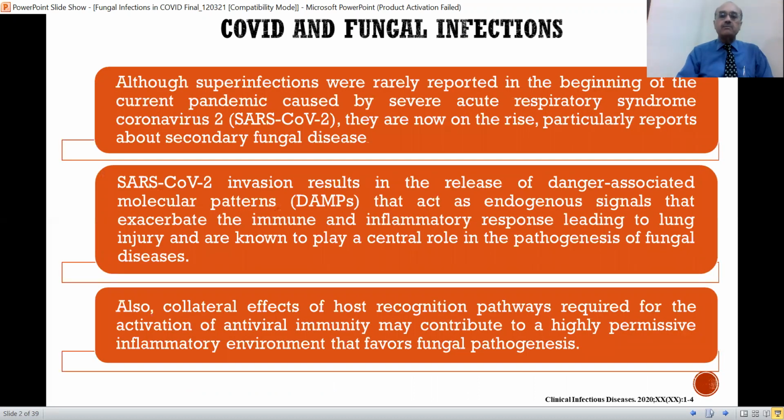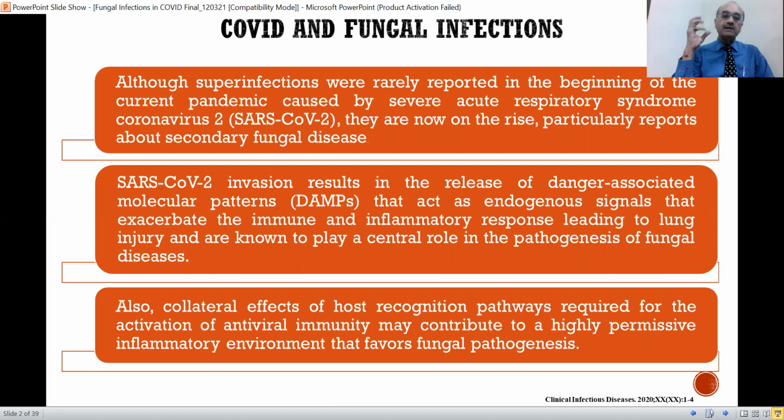What makes these people more vulnerable to fungal infections? Although super infections were rarely reported at the beginning of the current pandemic caused by SARS-CoV-2, now, after so many months, there is a rise, particularly of secondary fungal infections.